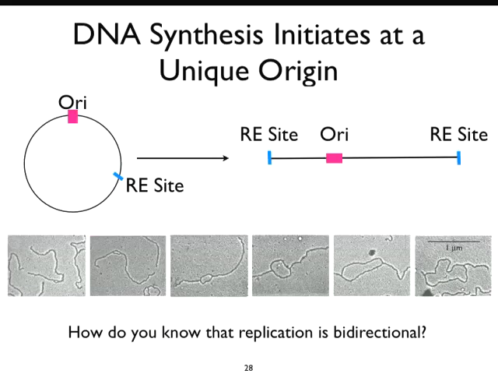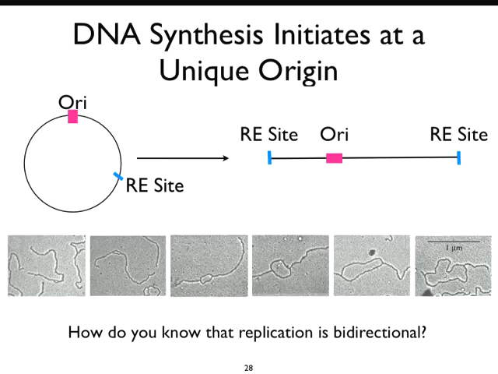Now, how do we know there's a single site for DNA initiation? This is a great experiment. This is one of those, picture is 1,000-word guys. And it's nice to think about.